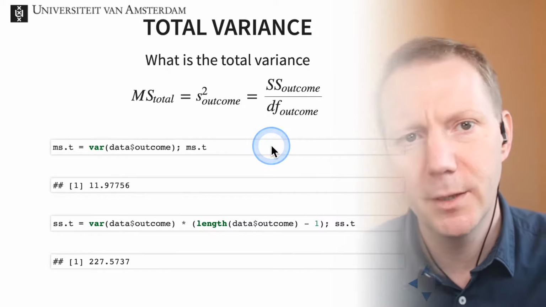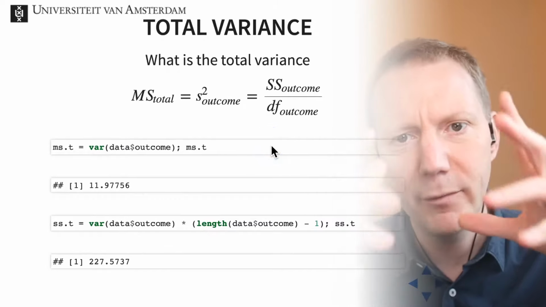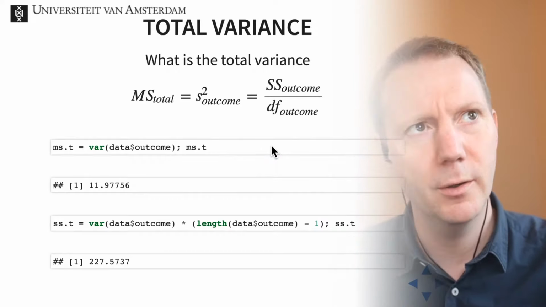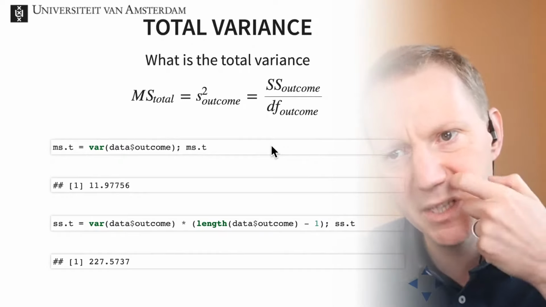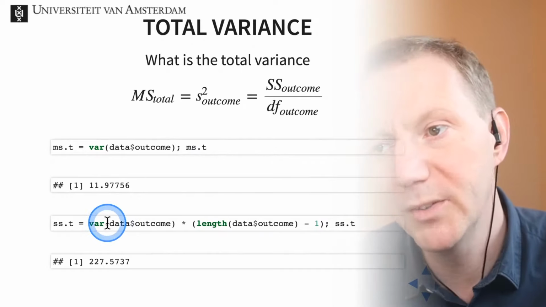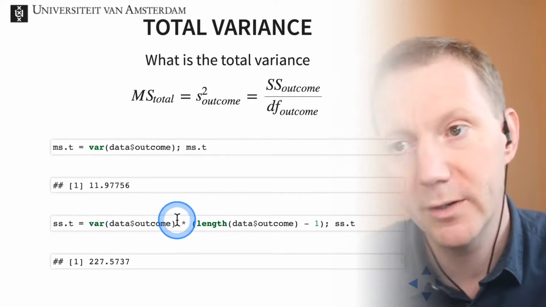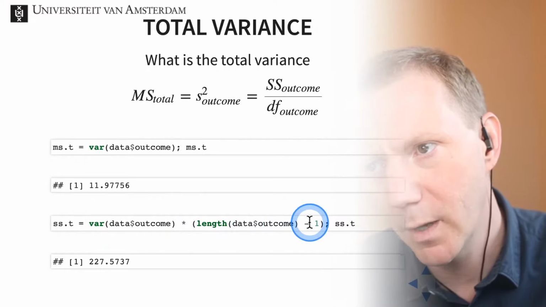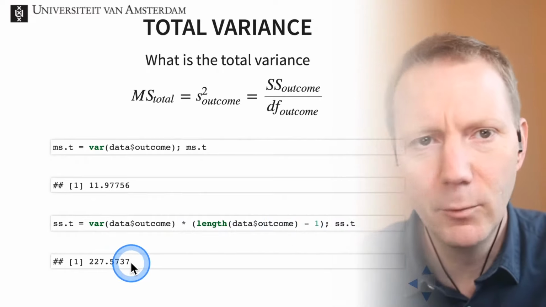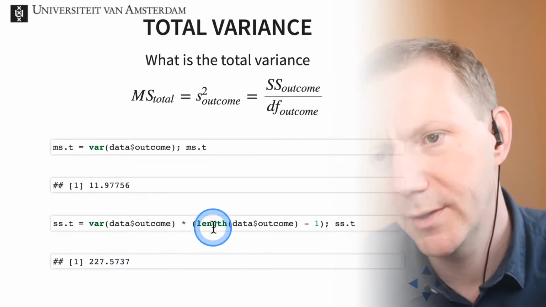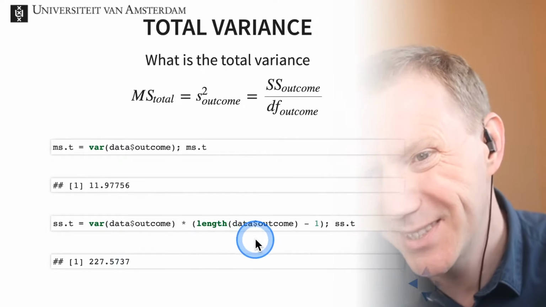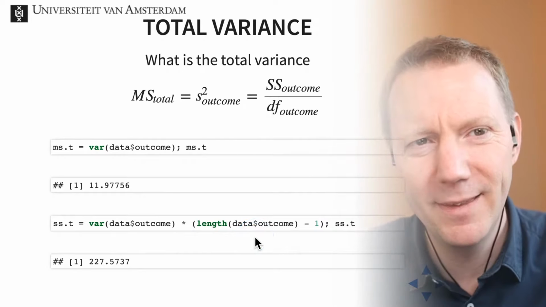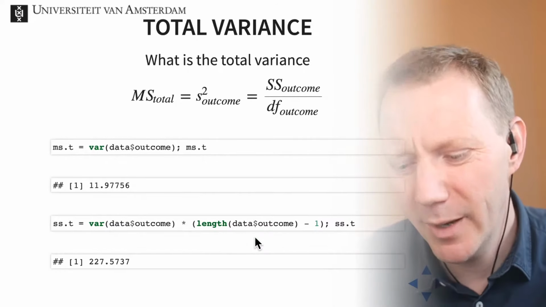If we want to decompose that average dispersion into the sum of the dispersion, in other words, the sums of squares, then we can multiply the variance by the degrees of freedom, that's n minus 1. And that would yield 227.5737 variance units. And then you're again like, what are you talking about?